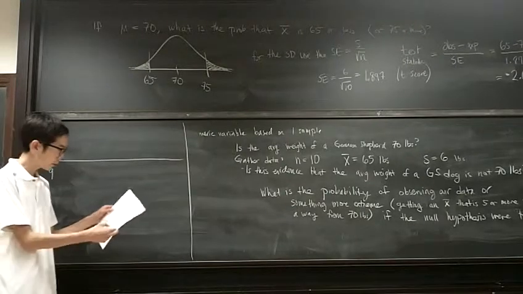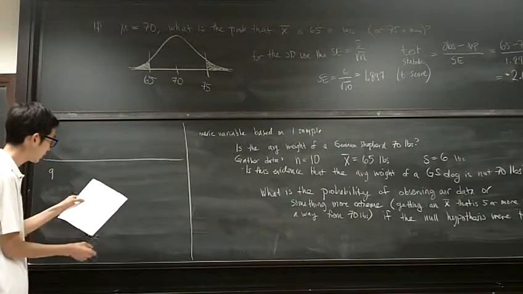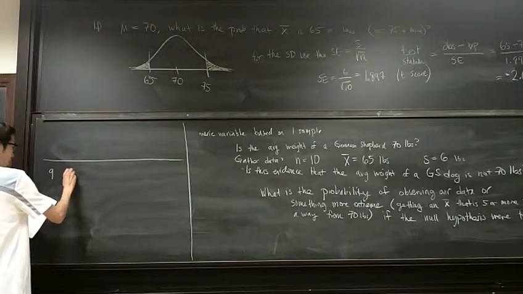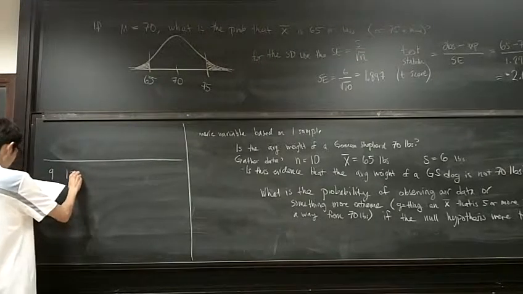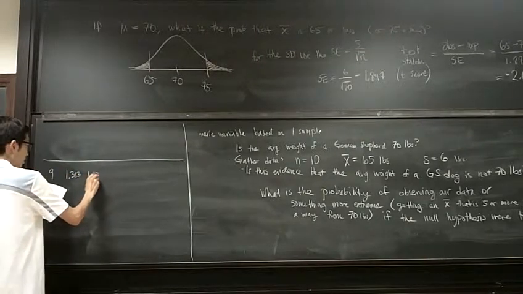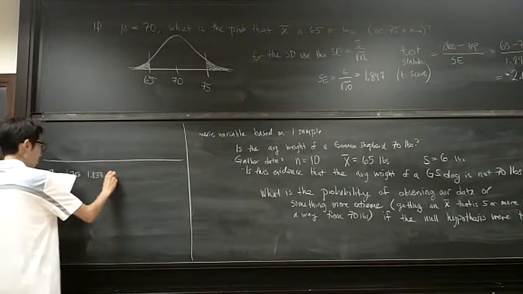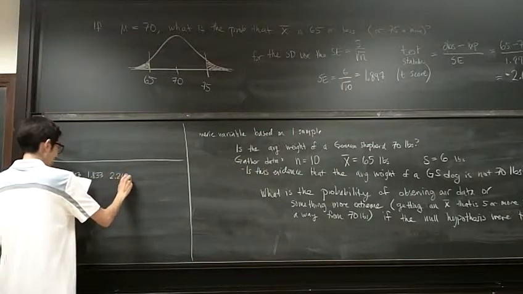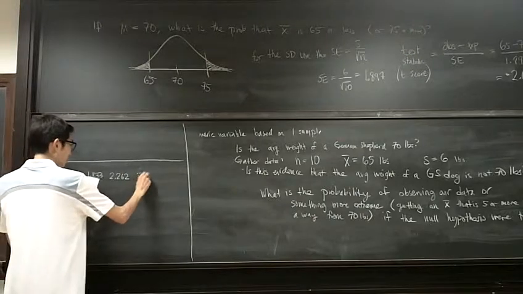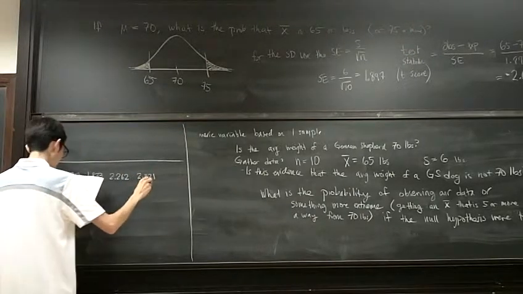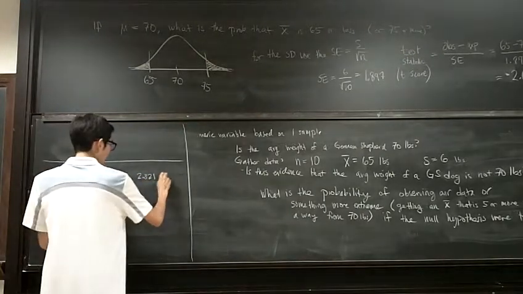And so I'm going to list off the numbers that I see in 9 degrees of freedom. I got 1.383, 1.833, 2.262, 2.821, and 3.250.